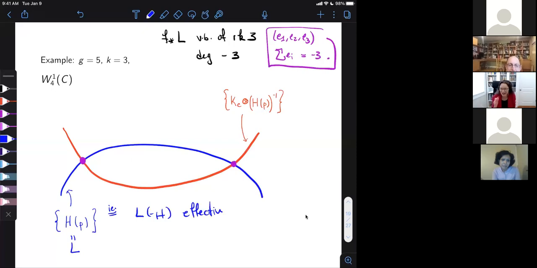That's what the point captures for me. And so using push-pull, that's the same thing as saying that the push forward of L twisted down by O(1) is effective.